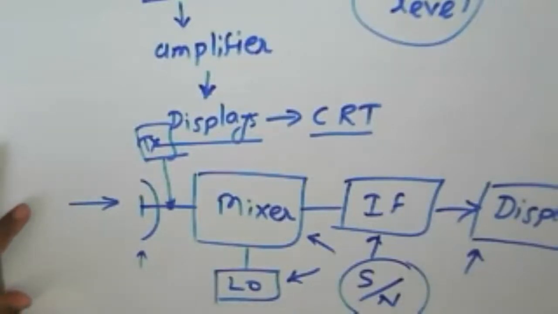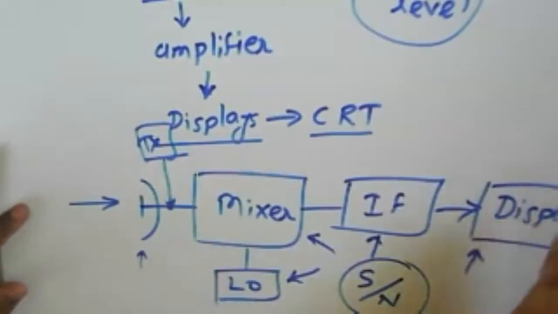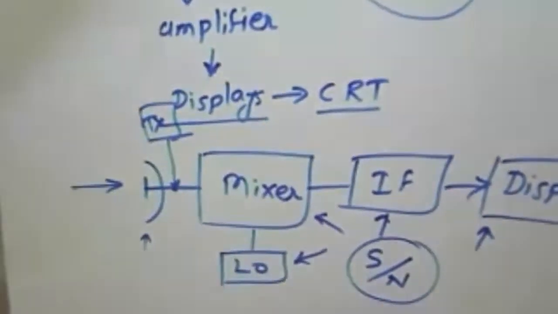So what will be the total gain of the receiver, or of the amplifier we are using in the display devices? Or you can say there is a mixer, and for the mixer some gain is there. So for each and every component some values are there, in terms of signal in and signal out. That will be used to suppress the noise.